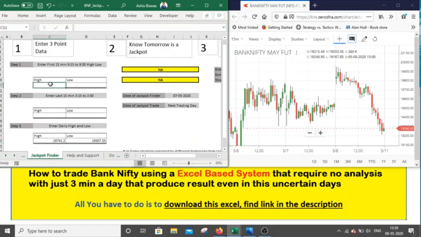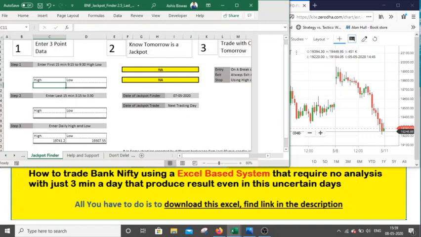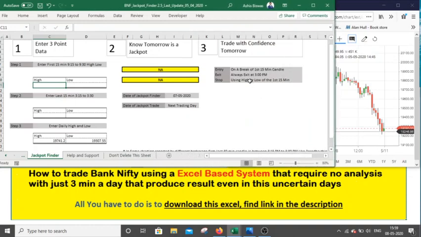Now I have to enter the first and the last candle high and low of yesterday. The whole idea is that after entering this data, if I get yes, then I have to trade on a break of the first 15-minute candle the next day.